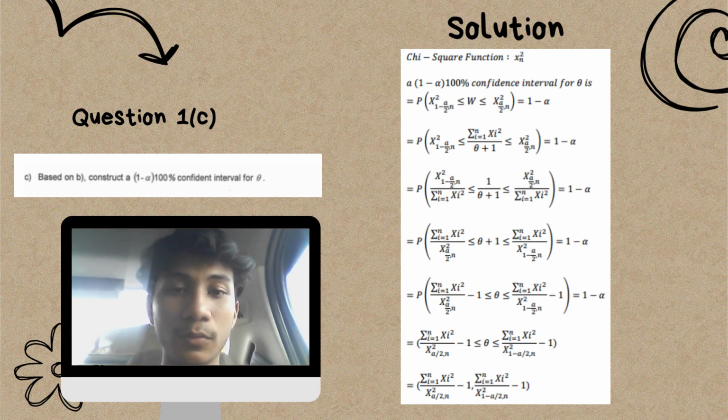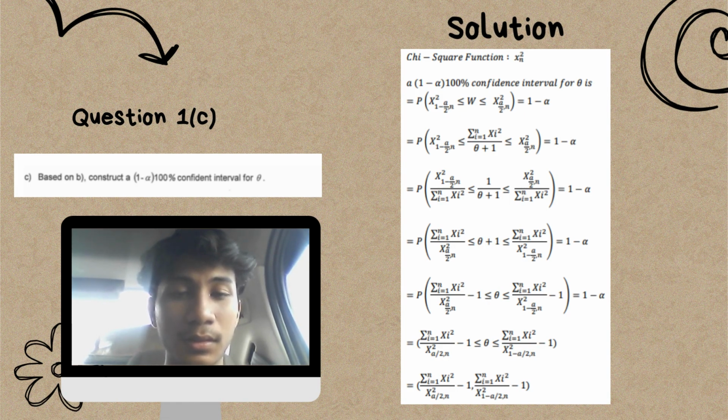So we use the formula and we will get the equation equal to probability of chi-square 1 minus alpha over 2, n less than W less than chi-square alpha over 2, n equals 1 minus alpha. Then we substitute the value of W with the summation of x squared i over theta plus 1.